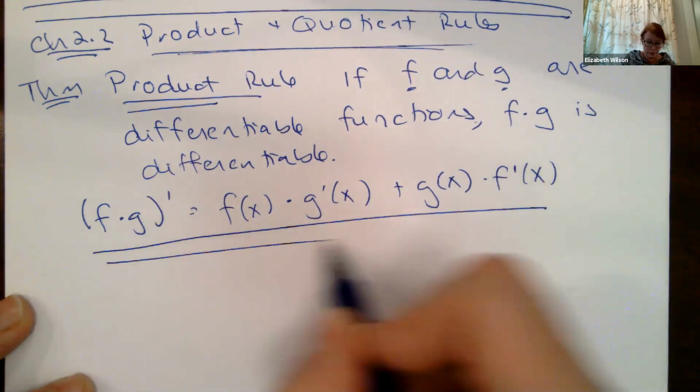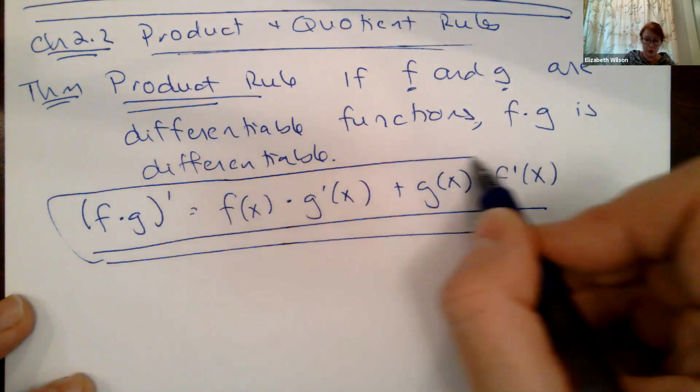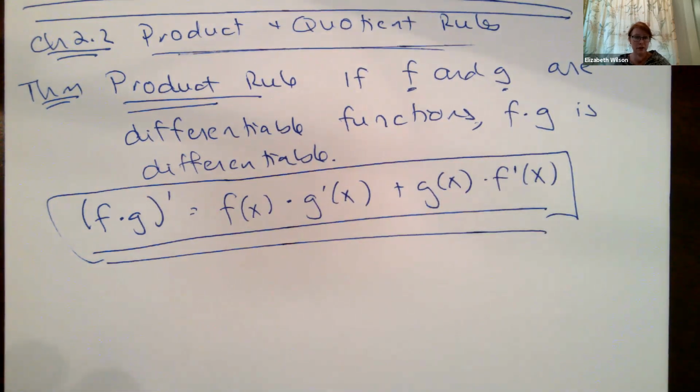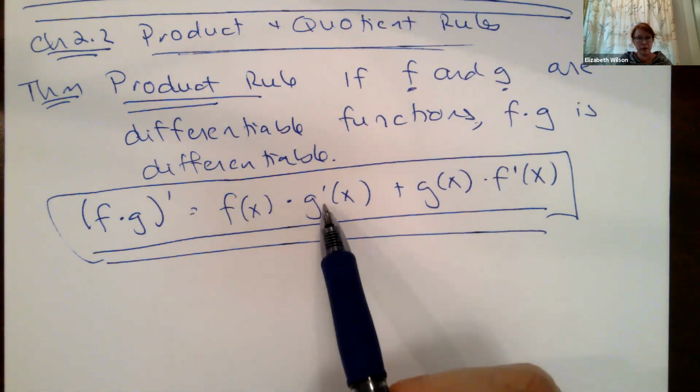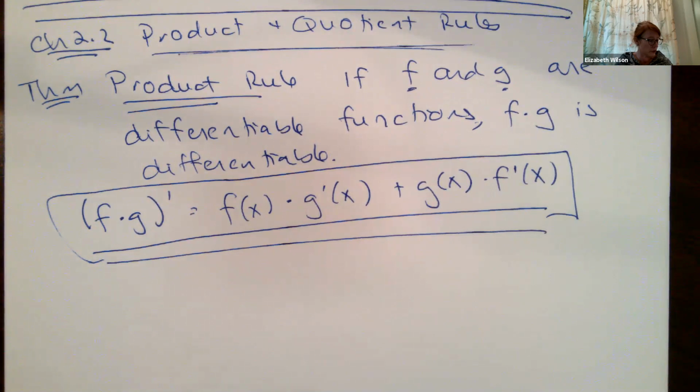This is your product rule. Okay, what you may not do ever is take the derivative of one, derivative of the other, multiply it together. Can't do that. You have to do first times the derivative of the second plus the second times the derivative of the first. Okay? Sometimes I just write it.